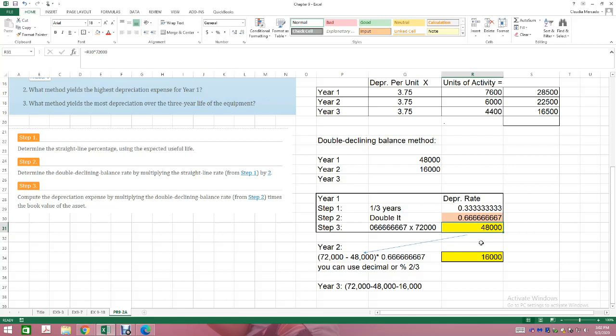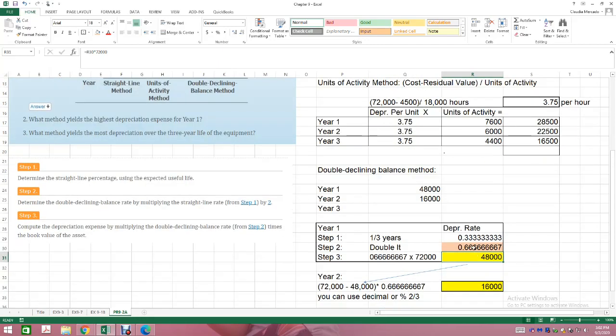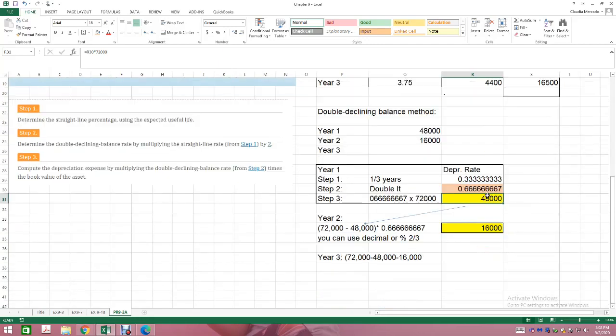For year number 2, you get your cost minus the depreciation for year number 1 times the double rate, which is 0.666 or 2/3, whatever works for you. And that gives you 16,000. Now for year number 3, or the last year, it could be 20 years. When you're doing the 20th year, you need to go back and say, this particular equipment cost me 72,000.